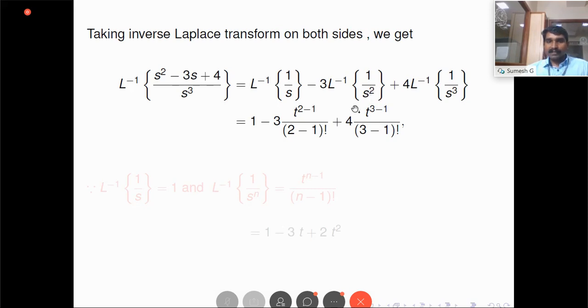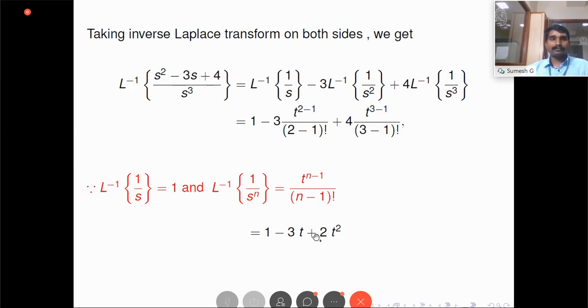So its inverse is t raised to 2 minus 1 divided by 2 minus 1 factorial, plus 4 into inverse Laplace transform of 1 by s cube, which is t raised to 3 minus 1 by 3 minus 1 factorial. And it reduces to 1 minus 3t plus 2t square. So inverse Laplace transform questions are classified according to the denominator of the question.